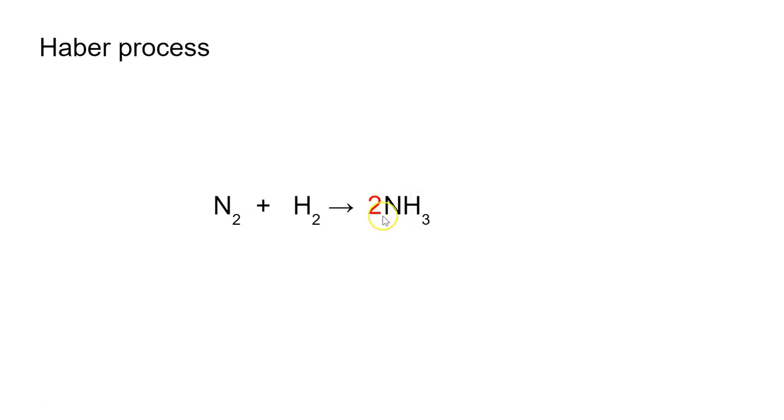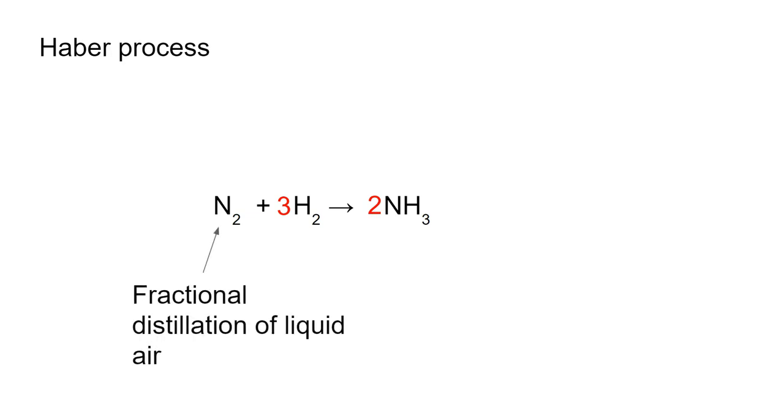In order to balance this equation, I add a 3 in front of the hydrogen. So now I have 6 hydrogen atoms on this side for every 6 hydrogen atoms that I have as part of the products. How do I get the nitrogen and the hydrogen gas that I use for the Haber process?